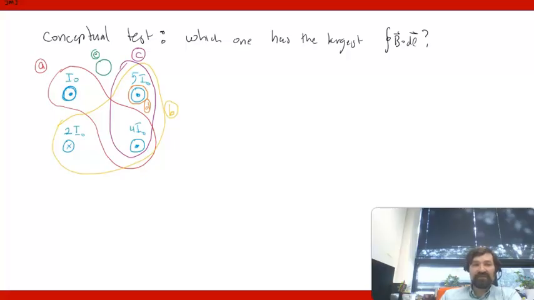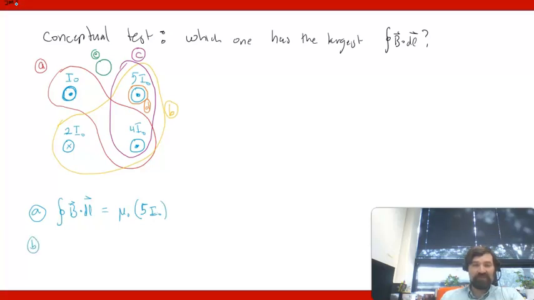So the answer is this. We can do this by loop. For loop A, the integral of B dot dl is going to be given by mu naught times I enclosed, which in this case is I naught plus 4 I naught. So that is a total of 5 I naught.